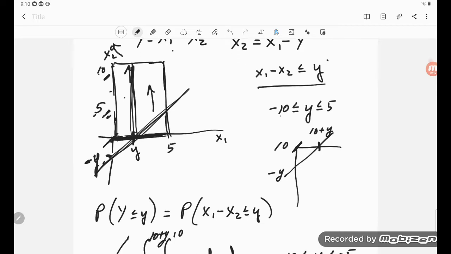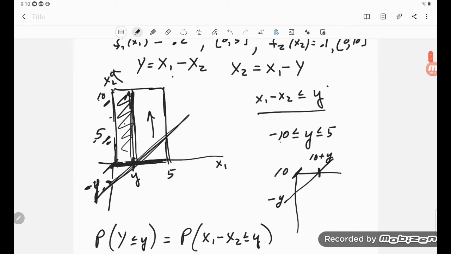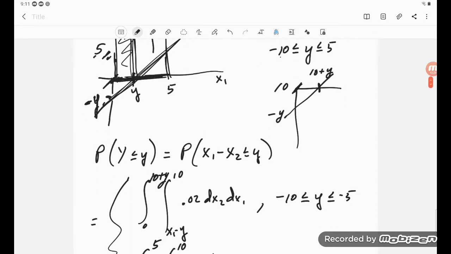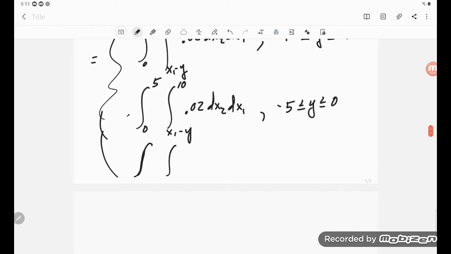Okay, so I'm doing a rectangle, which is just 10 times y, and then a trapezoid here that I have to do with integration. So actually, let me do my rectangle first.